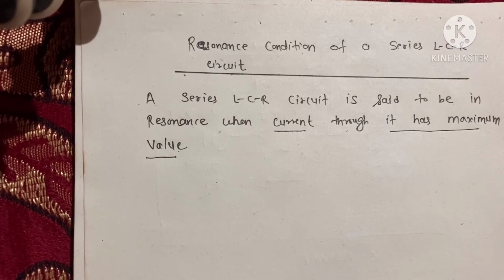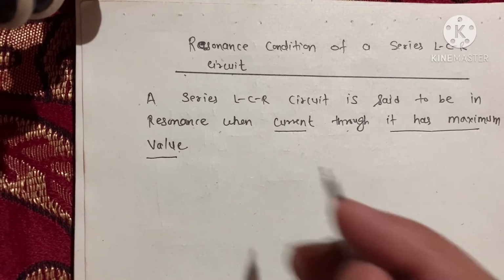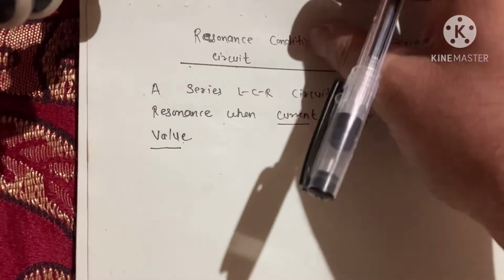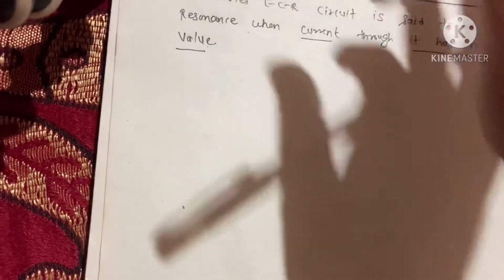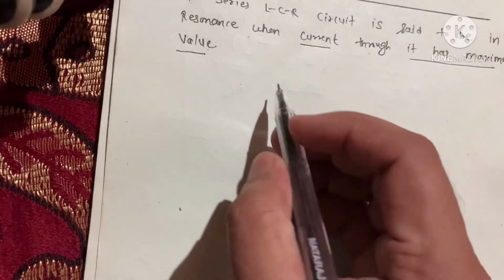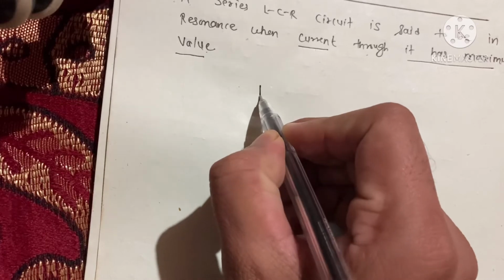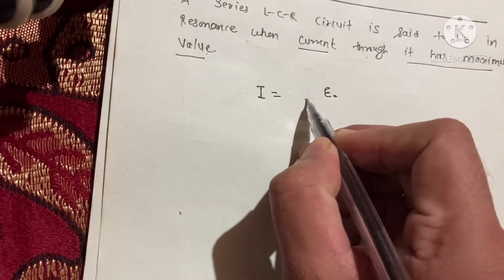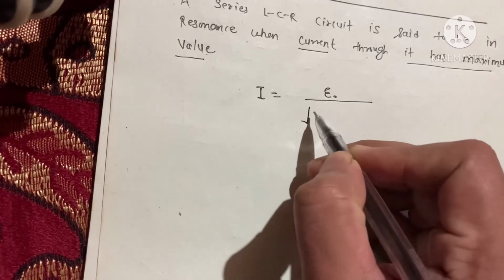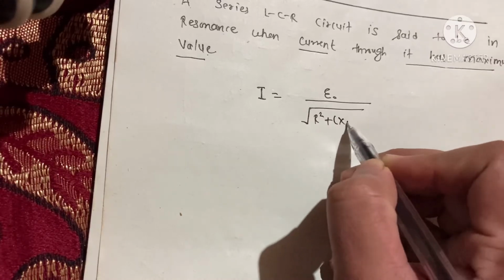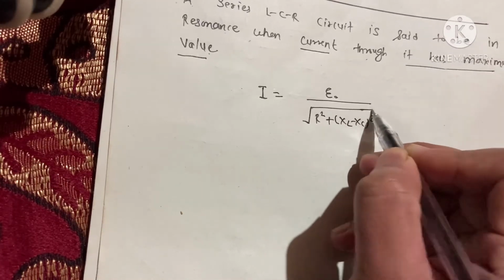Now students, we know the derivation of current in a series LCR circuit, given by this equation. The current I in the LCR circuit is given by E naught divided by the square root of R squared plus (XL minus XC) the whole squared.